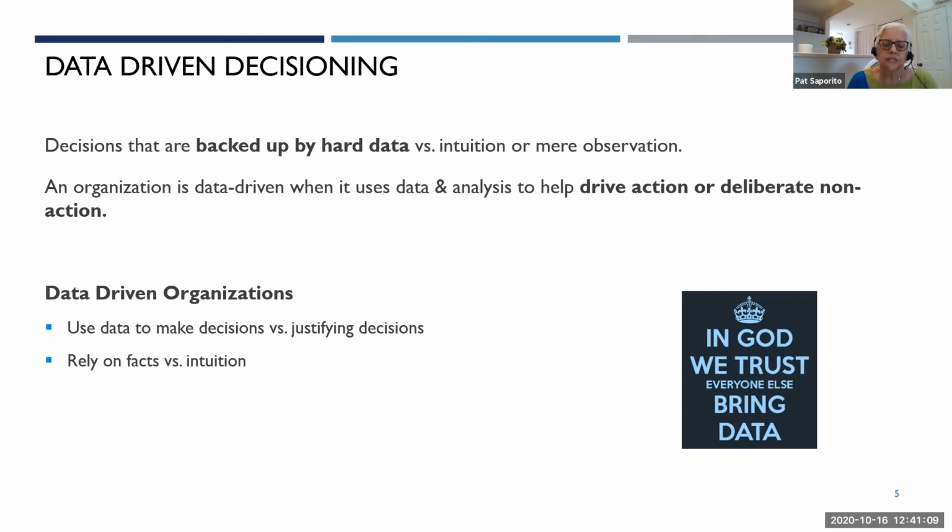So let's talk, data-driven organizations use data to make decisions versus justifying decisions, because a lot of people will use the data, they've already made up their mind, and now they go find the data to back up their decision, right? Well, that's not really what we want to do, right? So the question is, are you relying on facts, or are you relying on your intuition or your gut? And I kind of like this little logo here, "In God we trust, everybody else bring data," right? That's what it's all about.